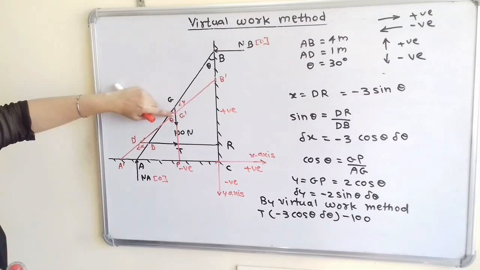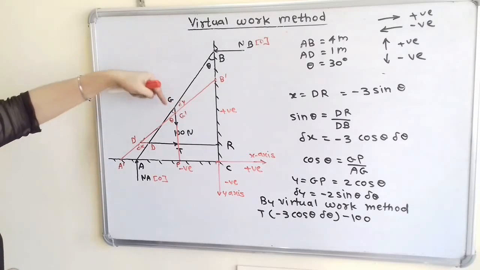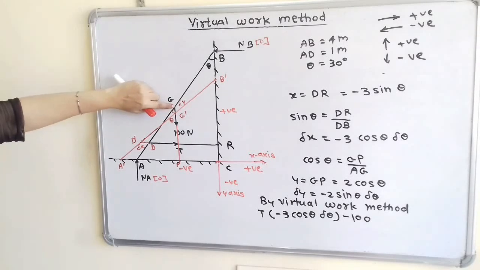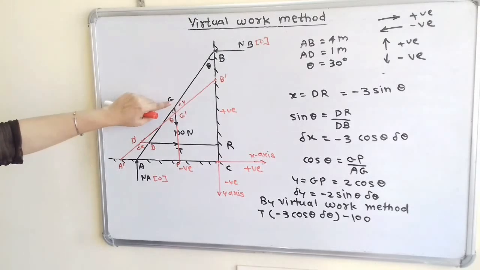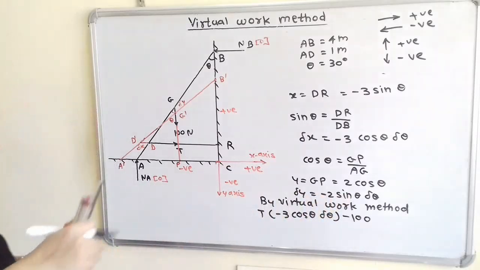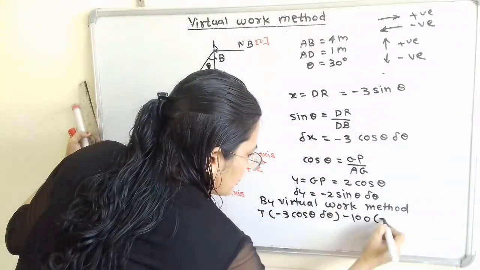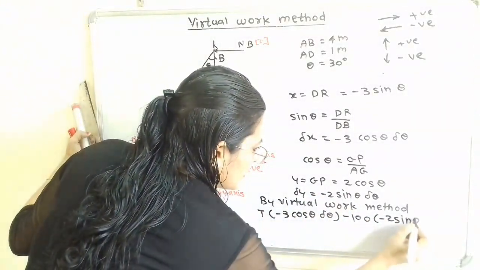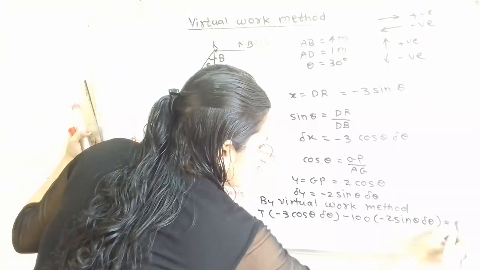So here G to G dash, it is also in downward direction because original position is here, so we will take with minus sign, so here already delta y is having negative sign, so I will take in bracket minus 2 sin theta delta theta is equal to 0.